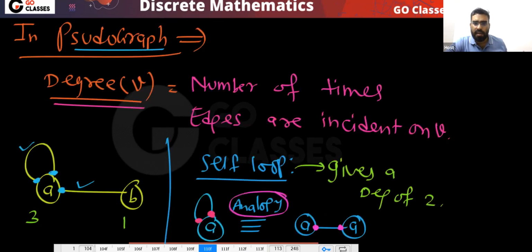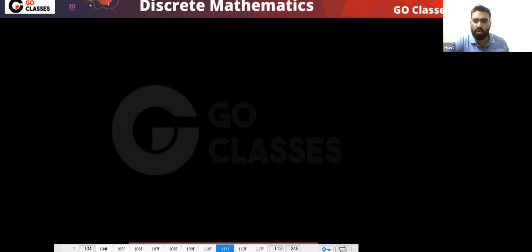Is this clear? Now remember, in a simple graph, we don't have self loops. This degree concept is only defined for undirected graphs.